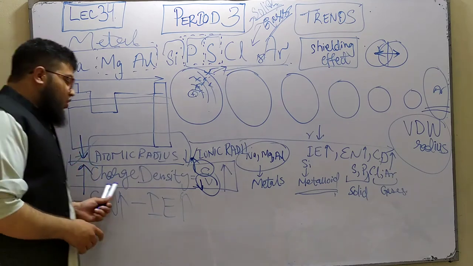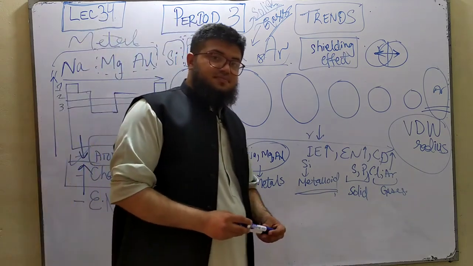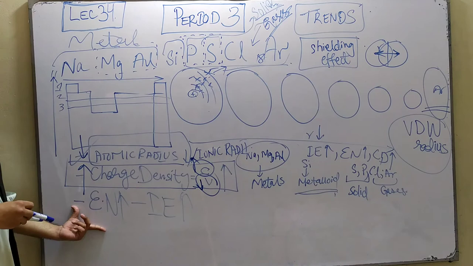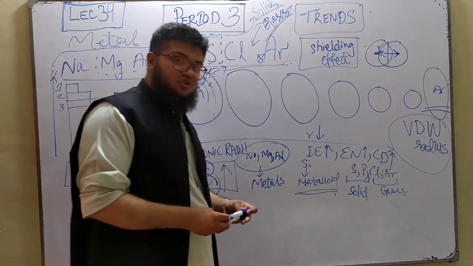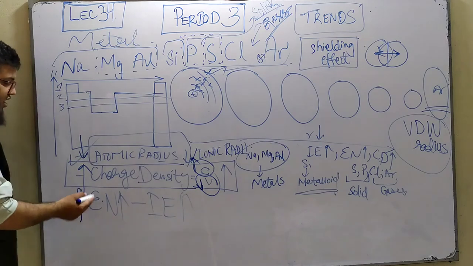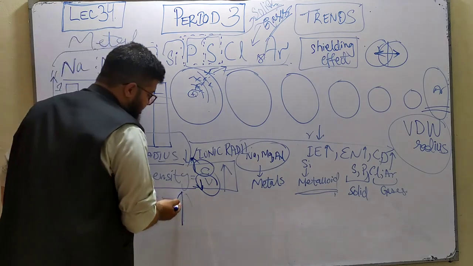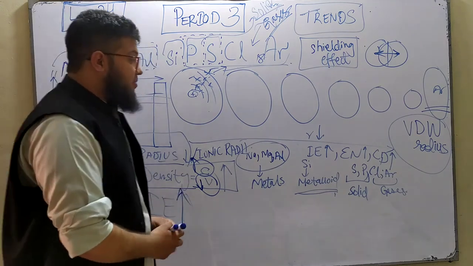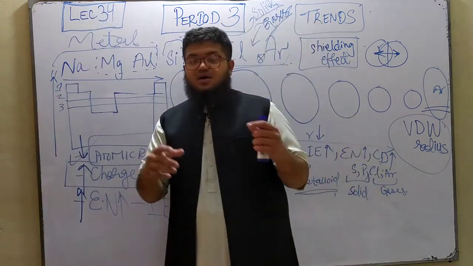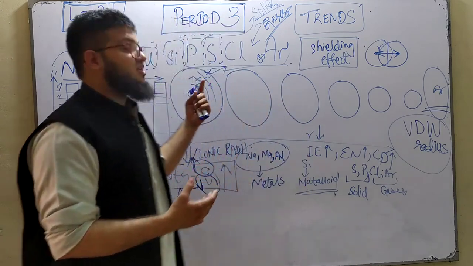And remember, what depends upon the charge density? The electronegativity. So electronegativity, which is the relative ability of an atom to attract the bonded pair of electrons towards itself. If the charge density rises, electronegativity will rise as well. And ionization energy will also rise as we go across the period, because remember, ionization energy depends upon the strength by which the outer shell electron is attracted to the nucleus.